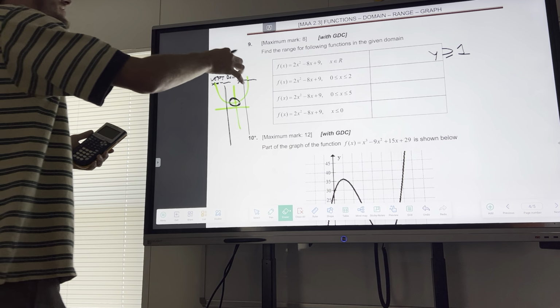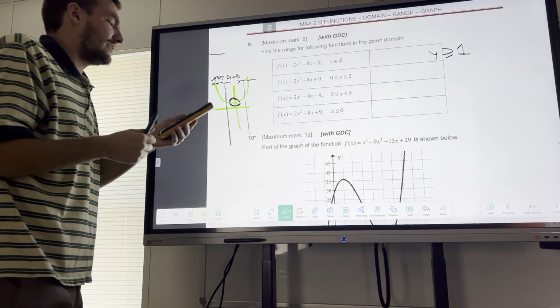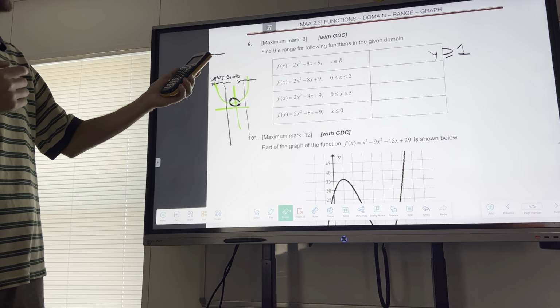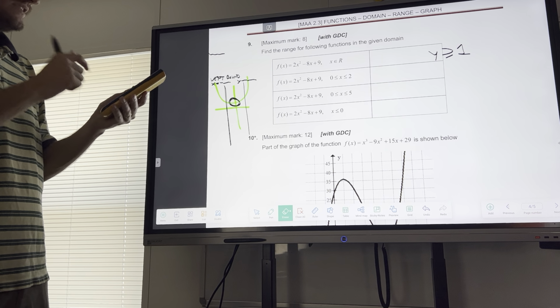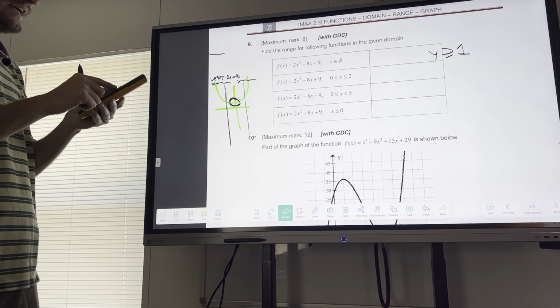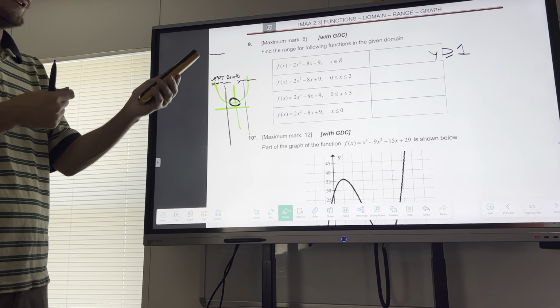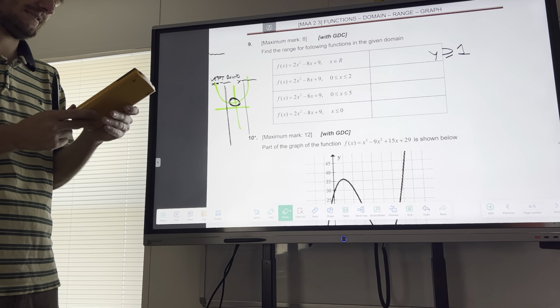Now it says find the range for the following functions given the domain. So this time we want to check from 0 to 2. 2 is where we just found our lowest value. One thing you can do on your calculator is change the window. Do you guys know about the window button?